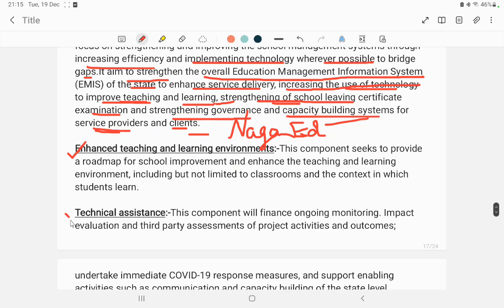And technical assistance: through this they will finance ongoing monitoring, impact evaluation and third party assessment of project activities and outcomes.